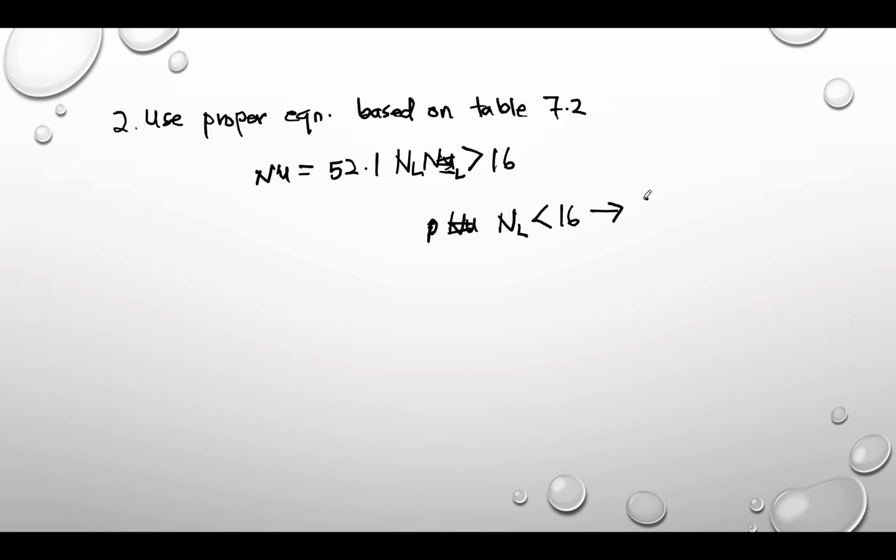You have number of rows equal to 6. Therefore, you have to refer to table 7.3 in order to correct this value. This value is for number of rows greater than 16, but now you have number of rows 6, which is below 16. Therefore, you have to refer to table 7.3.